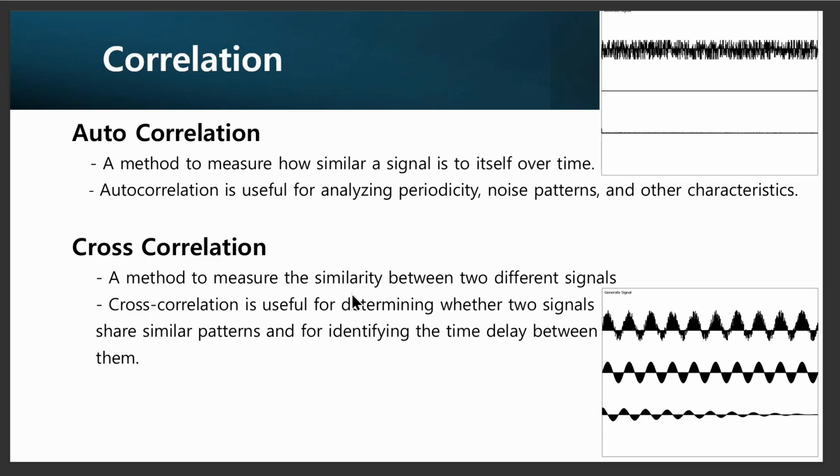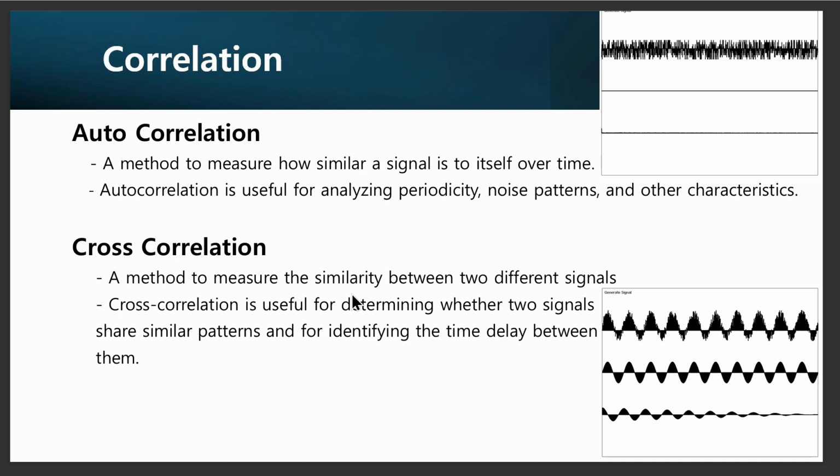Autocorrelation, as I mentioned earlier, is a method to measure how similar a signal is to itself over time. It is useful for analyzing periodicity and noise patterns.